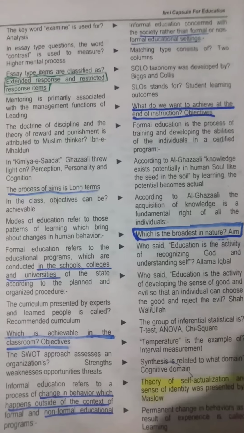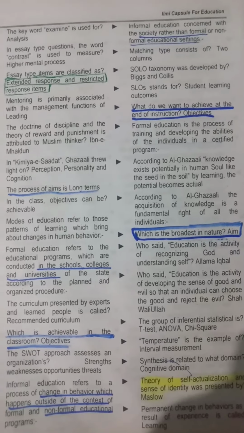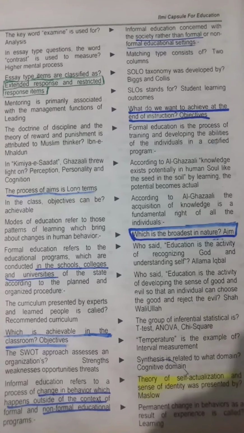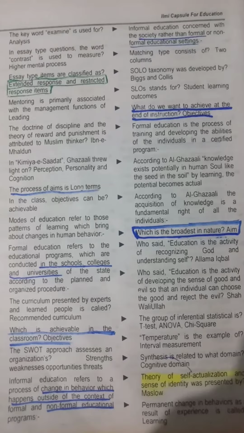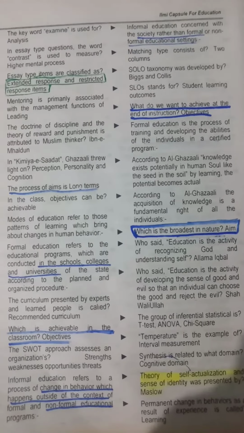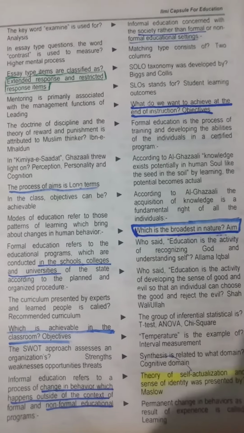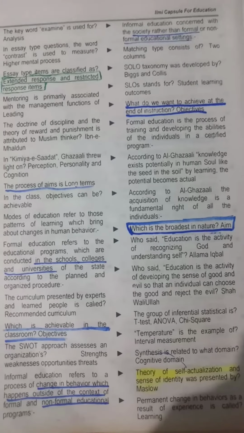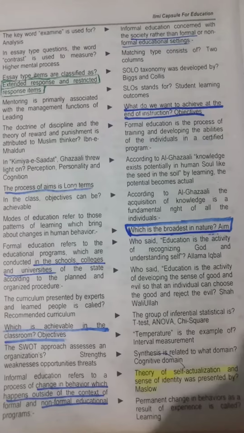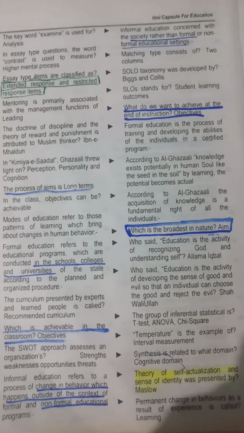According to Al-Ghazali, knowledge exists potentially in human soul like the seed in the soil. By learning, the potential becomes actual. According to Al-Ghazali, the acquisition of knowledge is a fundamental right of all the individuals.